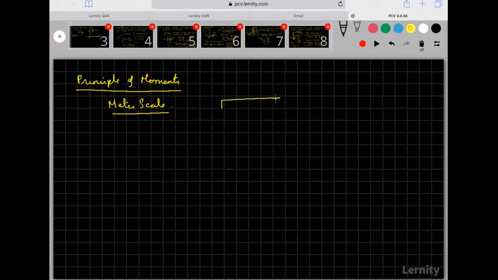So this is a meter scale. A meter scale is usually pivoted at its center. That means at the 50 centimeter mark, if you put a knife edge, the meter scale will be in equilibrium. Now, suppose you put a known weight on this side, the balance point will shift somewhere on this side.